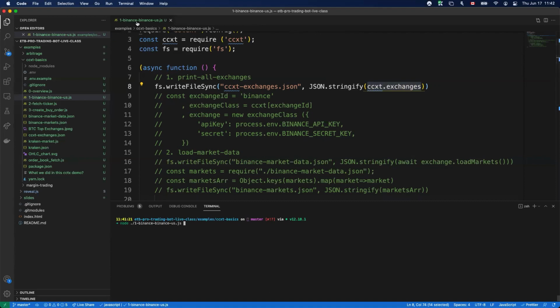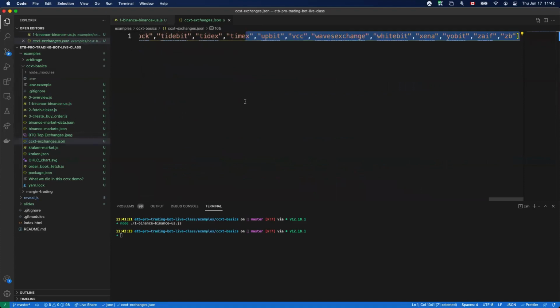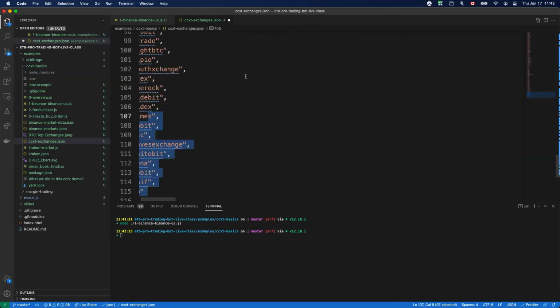The name is binance us.js, and you can see that it's going to create a JSON file called ccxt.exchanges.json. If you look here, you'll see that a file called ccxt exchanges is created.